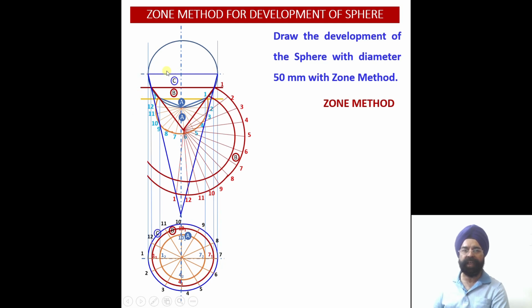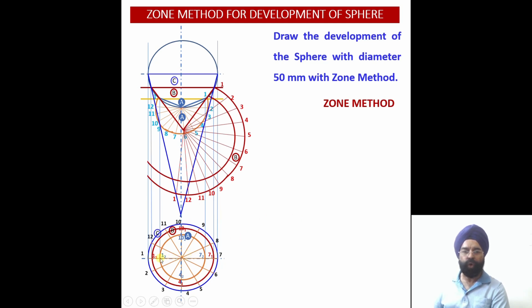This part is the third zone. Now over here, please check 1, 2, 3, 4, 5, 6, 7, 8, 9, 10, 11, 12 and 1. This is my center O. So O1 and O7 happen to be parallel to the XY reference line, the intermediate XY reference line.